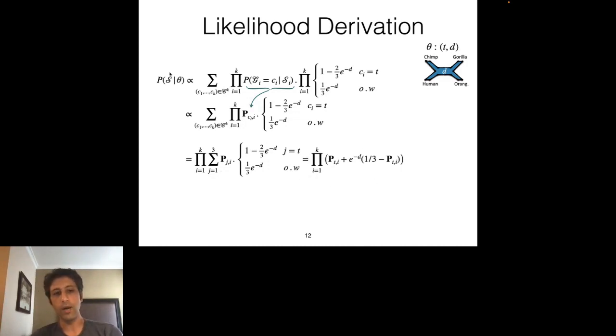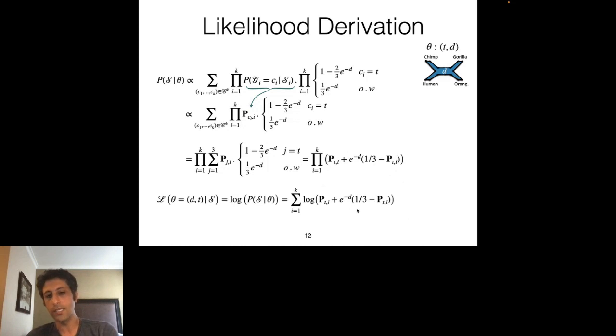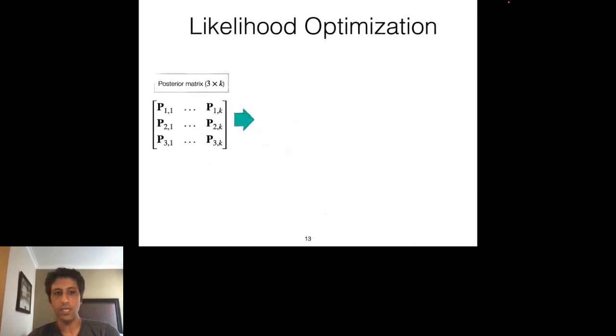So the probability of your sequence data given the species tree quartet becomes just this product over all the genes of this little equation. And once you have just one product, everything is nice, right? Because you take the log of the probability, you get your likelihood, it becomes a sum, and now we have a likelihood function that we can easily optimize. So this is my likelihood function.